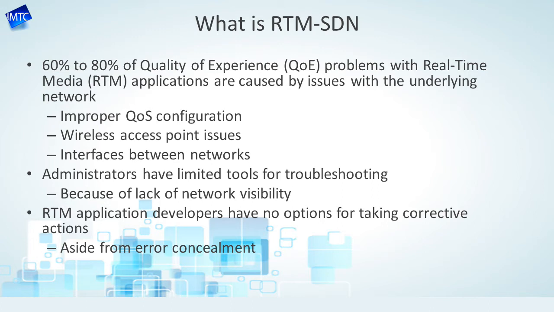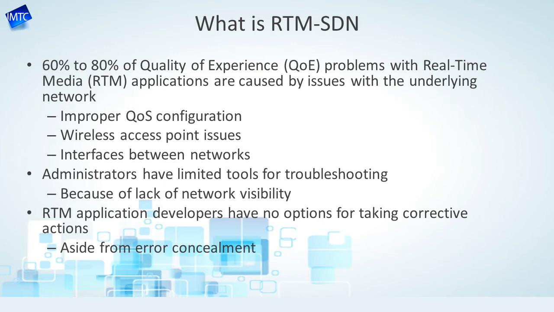And what's interesting is that if you start looking at the root causes of these quality problems, 60 to 80% of the time, it's actually the underlying network that is the cause.